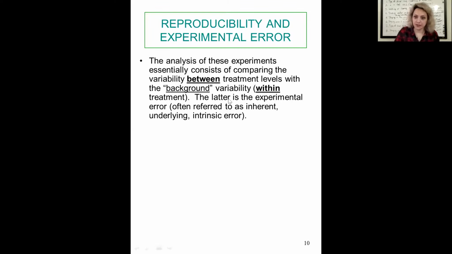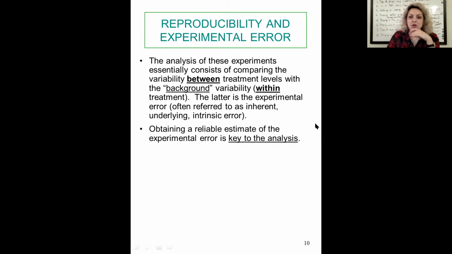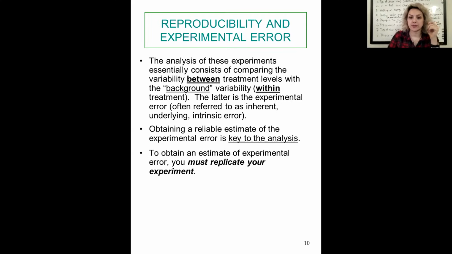The latter we call experimental error, the within-treatment variability, often referred to as inherent, underlying, intrinsic error, or residual, that we were saying. I've heard about that. So obtaining a reliable estimate of the experimental error is key to the analysis, as we talked about before.